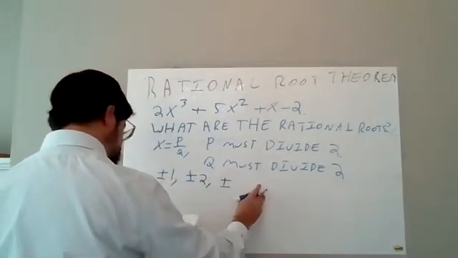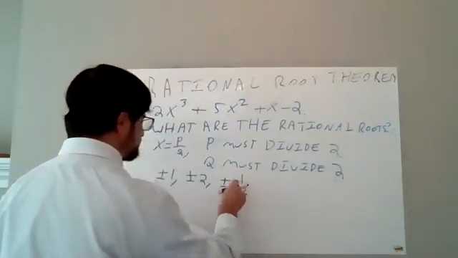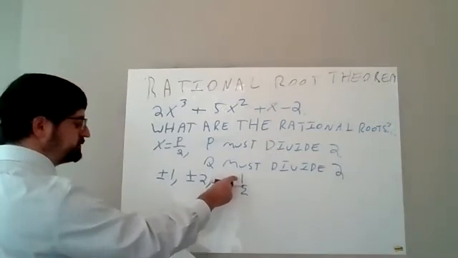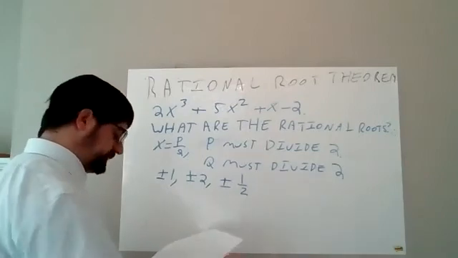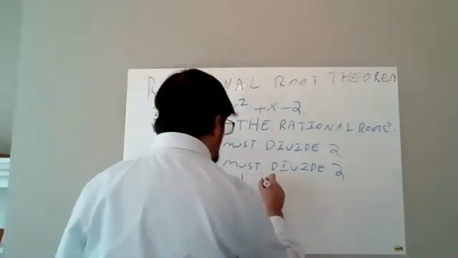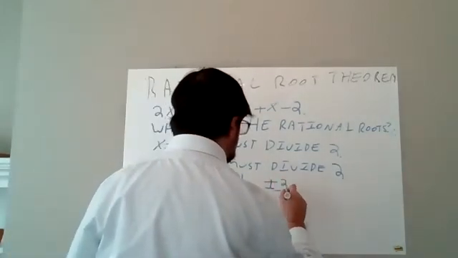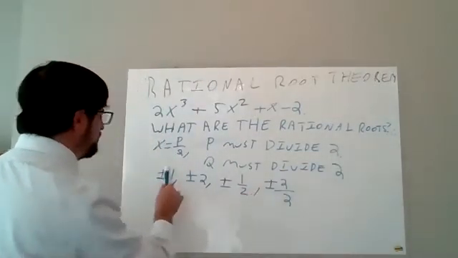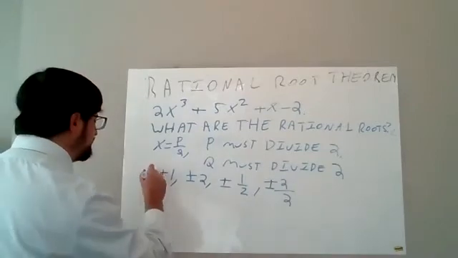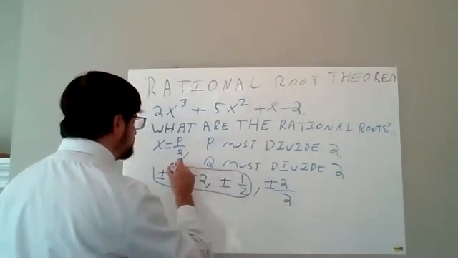And plus or minus a half, this is when our numerator is plus or minus 1 and our denominator is 2. Again, we don't need to worry about the negative denominators. We also get the pair plus or minus 2 over 2, but that's just plus or minus 1, so we've already got it. So our potential roots are these.